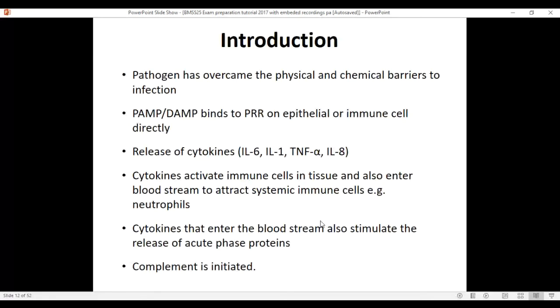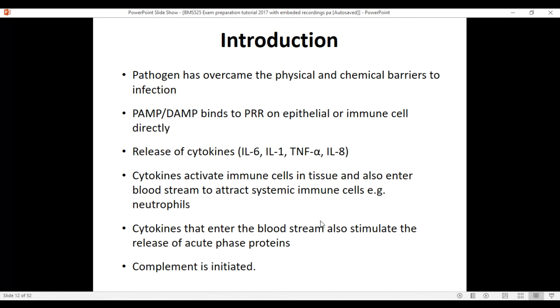So in terms of introduction, what I would like, if for instance complement was to come up, is as an introduction to that essay, I want you to provide me with a very quick, concise summary overview of what has happened before the initiation of complement.